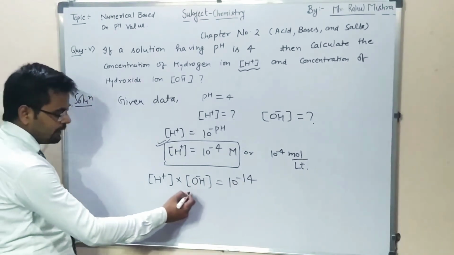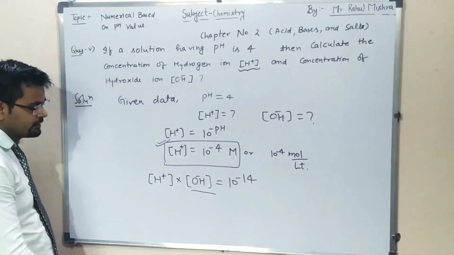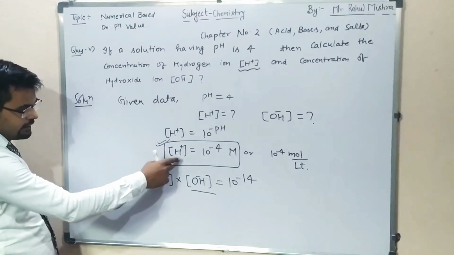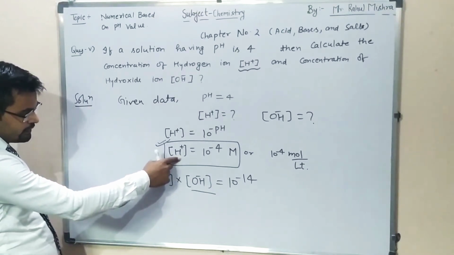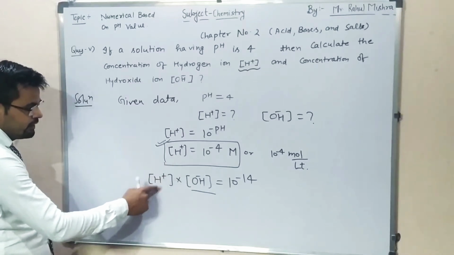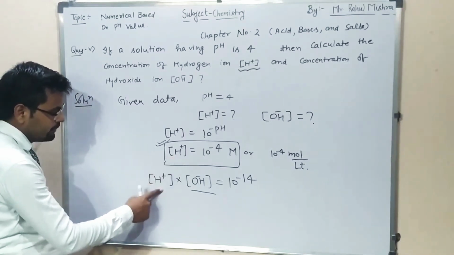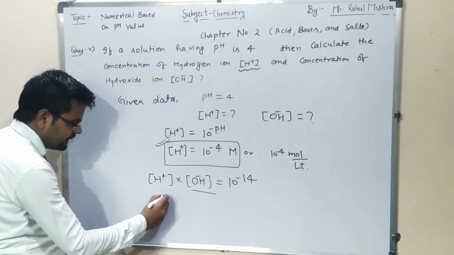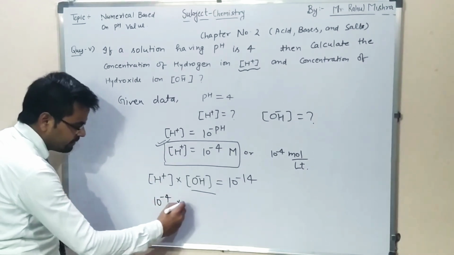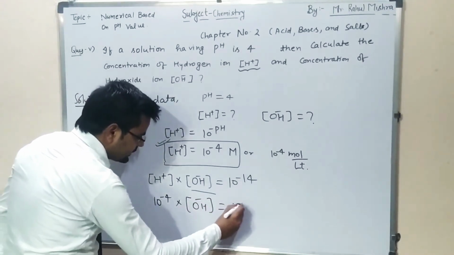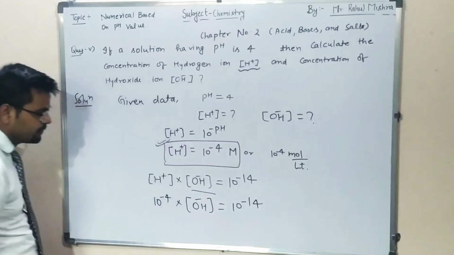So listen, you have to find the concentration of hydroxyl ion, and we have already found the concentration of H plus ion. Now put the value of concentration of H plus ion here, and it will become 10 to the power minus 4 multiplied by concentration of OH minus ion, and it is equal to 10 to the power minus 14.